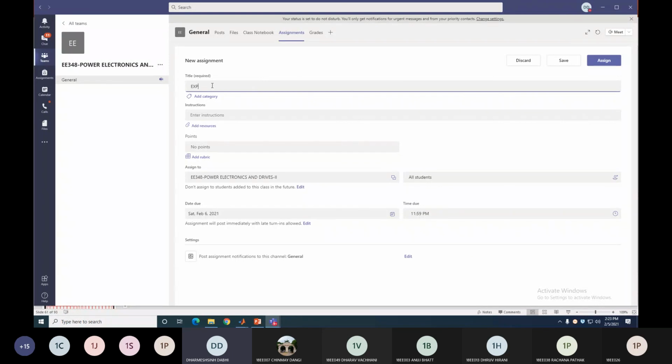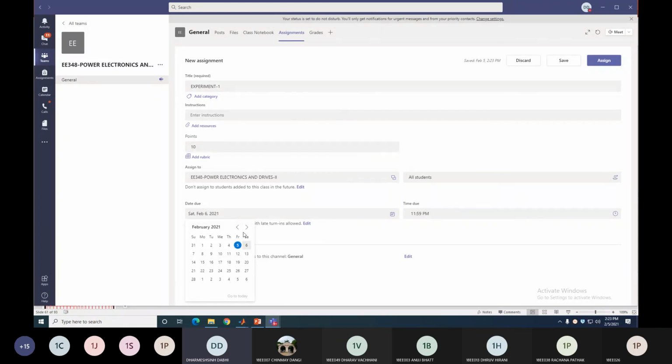So I write experiment number 1. Clear? 10 marks for each experiment. I give the deadline today. Clear? Today deadline before 12. Clear? Do it within today. Clear?